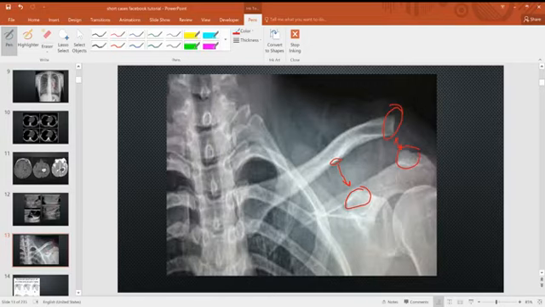Okay, so this is the acromioclavicular dislocation, with also soft tissue swelling in the supraclavicular region and around the coracoid, around the clavicle here.